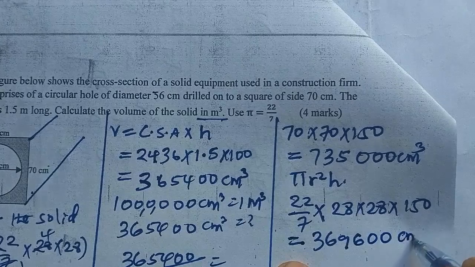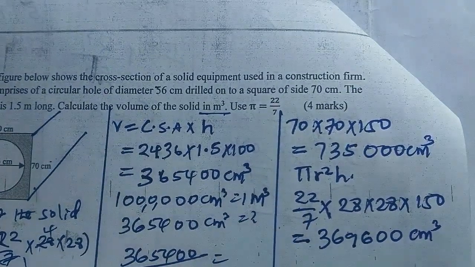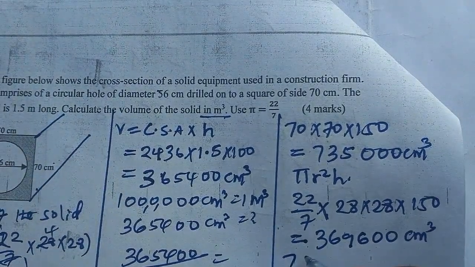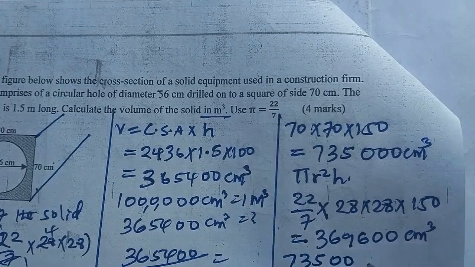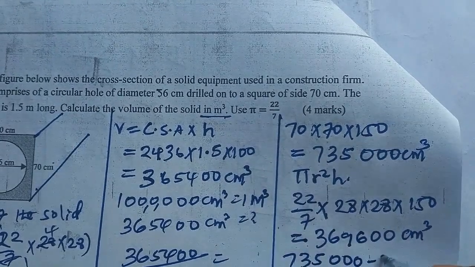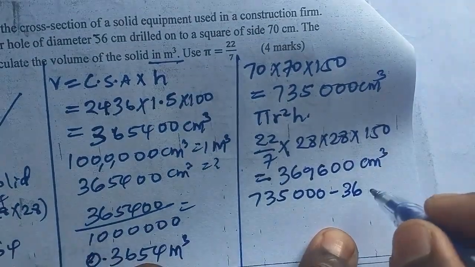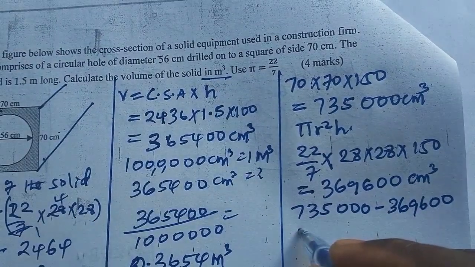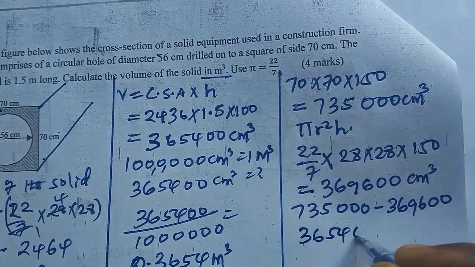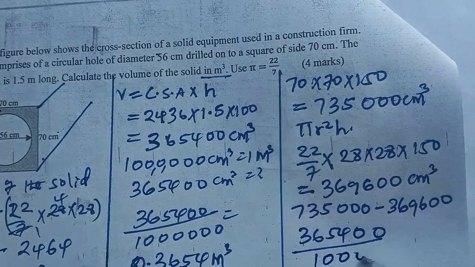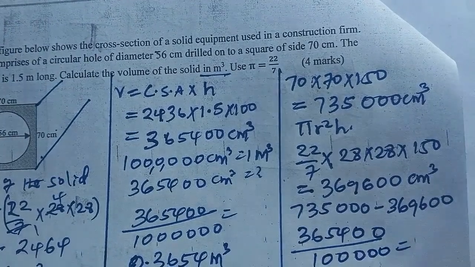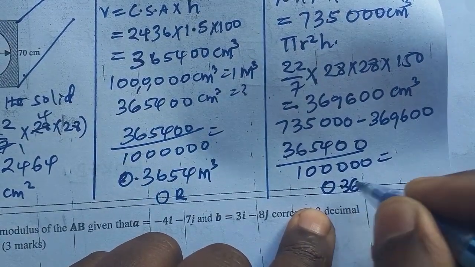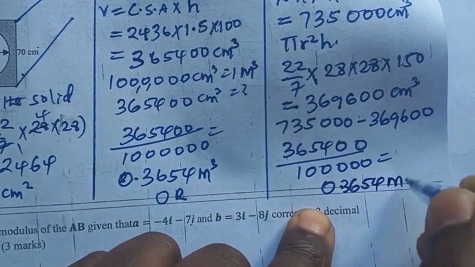Now to get the volume of the solid, you subtract 735,000 minus 369,600. That one gives us 365,400, and then you convert to meters, and that is the same as 0.3654 meters cube. You can as well do it in that way.